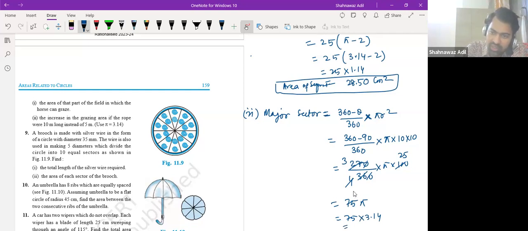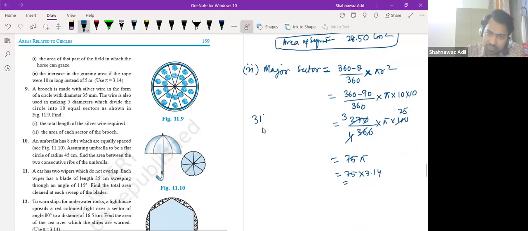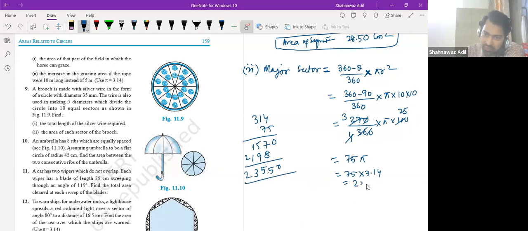So how much is that? So this is 235.5. So these would be the areas, right, guys?